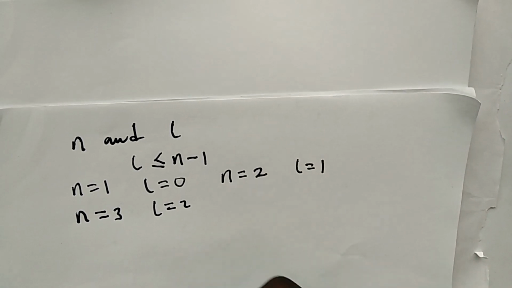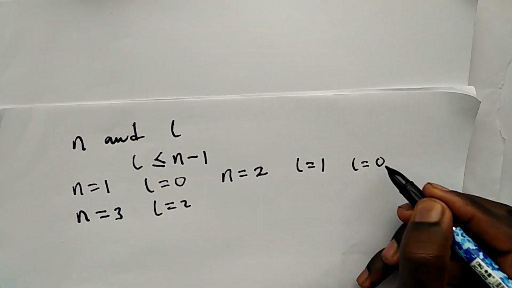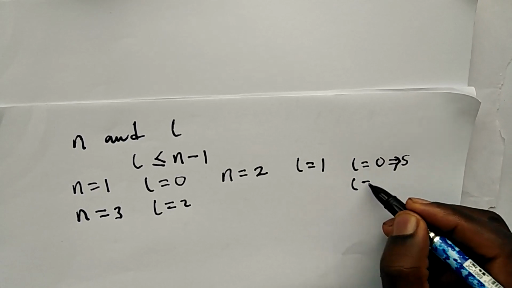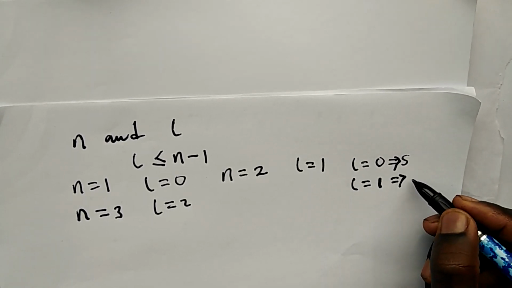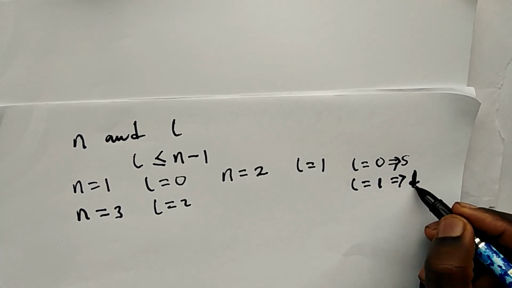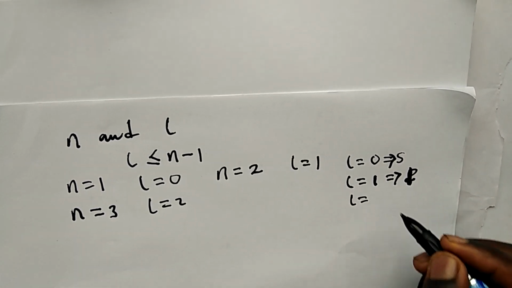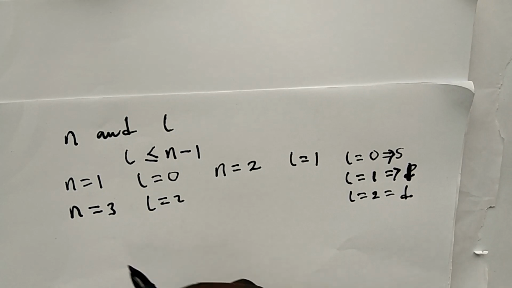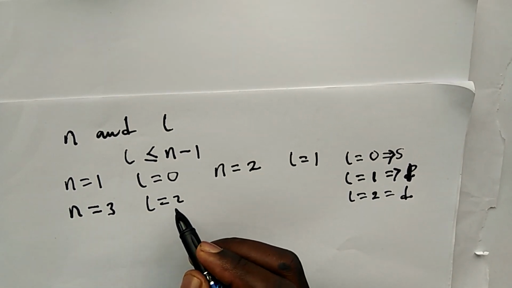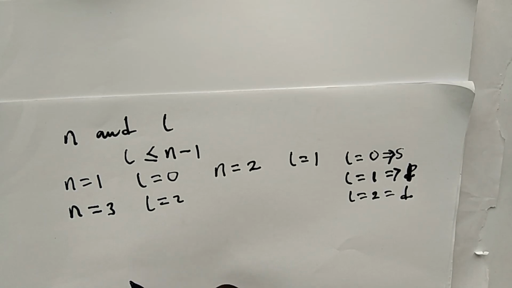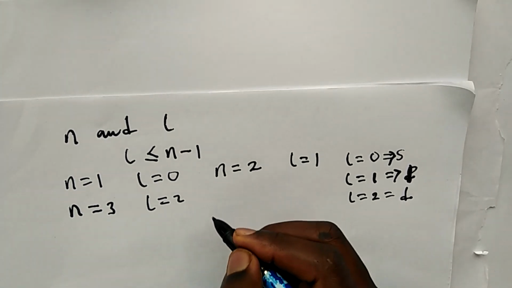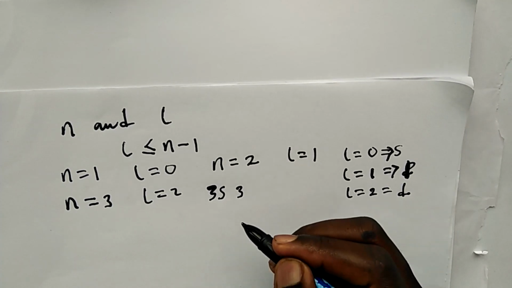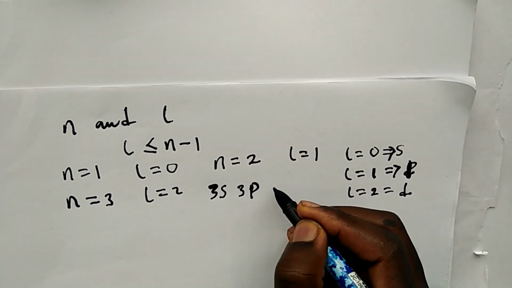Now, when L is equal to 0, it is S. When L is equal to 1, it is P, not D, P. When L is equal to 2, it is D. Now, since N is equal to 3 and L goes up to 2, when you are representing this relationship in your electronic configuration, you are going to say 3s, 3p and 3d.